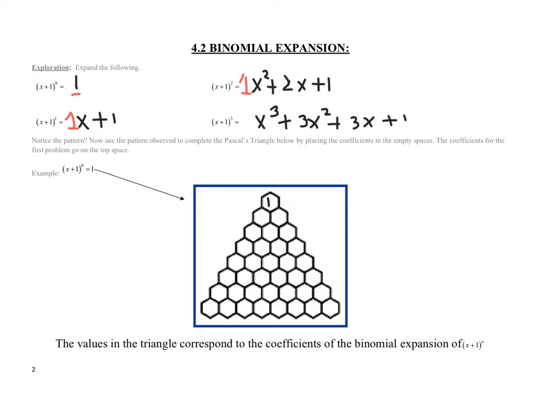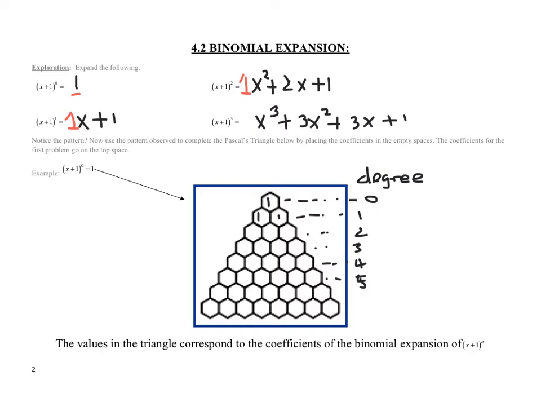And when I raise it to power 1, what do I get? 1, 1. So this is the degree of 0. This is degree of 1, 2, 3, 4, 5, and I can keep going.